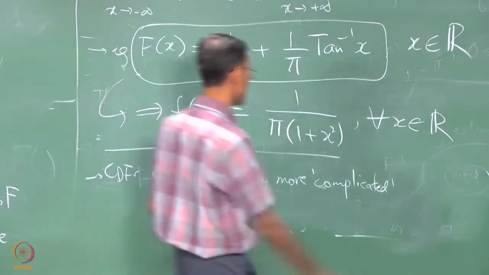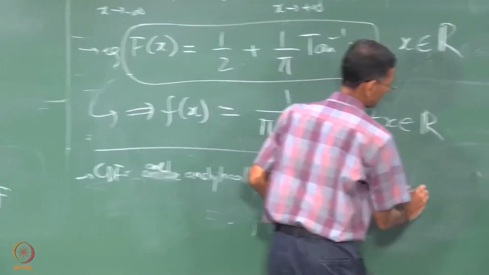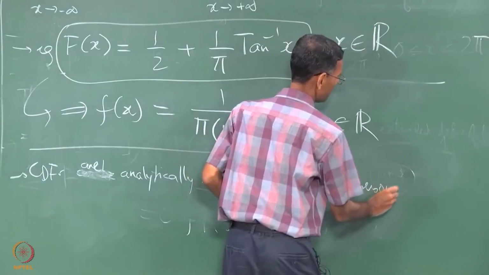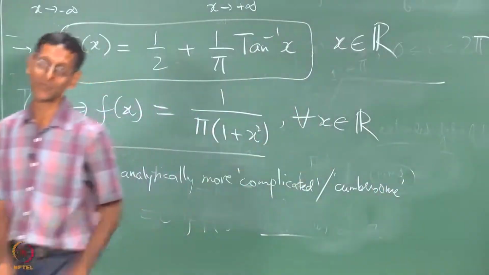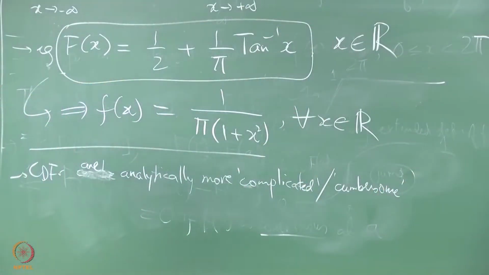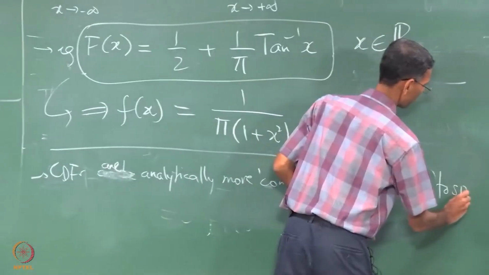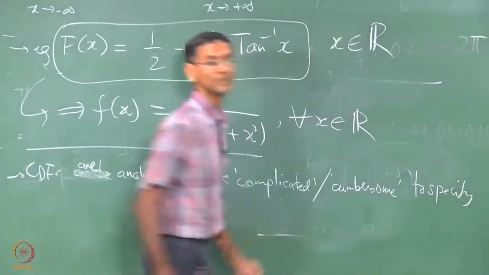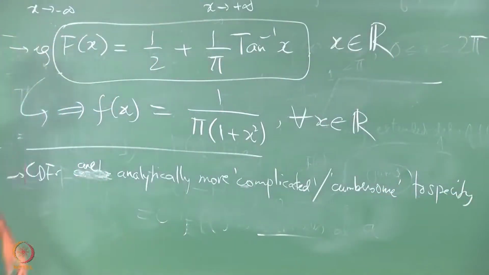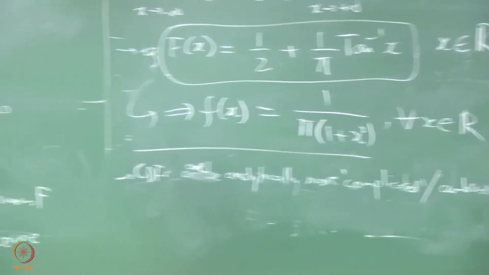So maybe with all these words, we pretty much have to reproduce an entire textbook on the blackboard at this rate. You go look at textbooks, you see all these words coming up, they are cumbersome to specify compared to PDFs. Why? Because look at the CDF corresponding to the spinning pointer. How do you specify it?